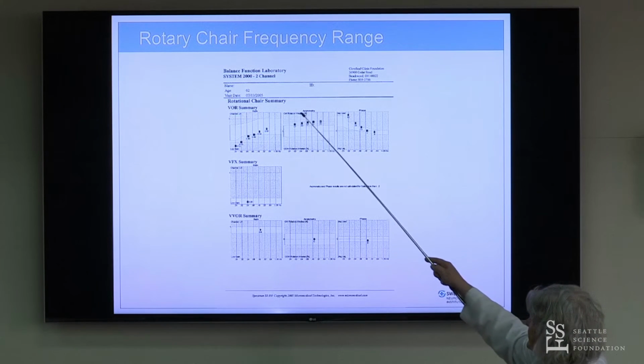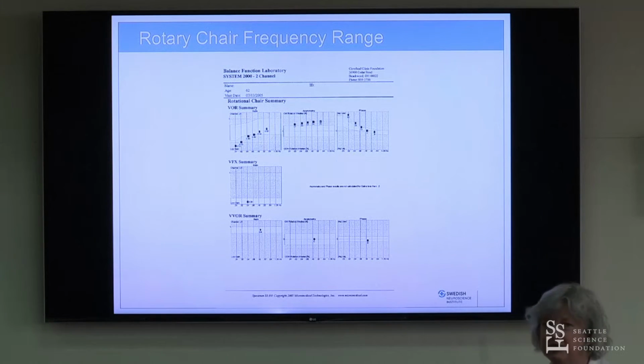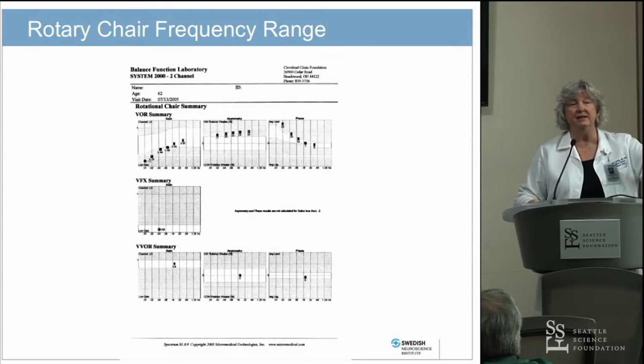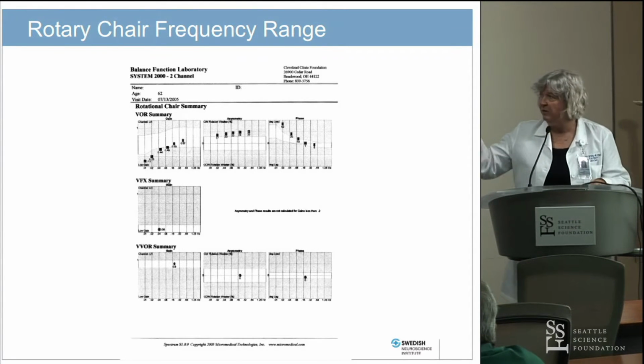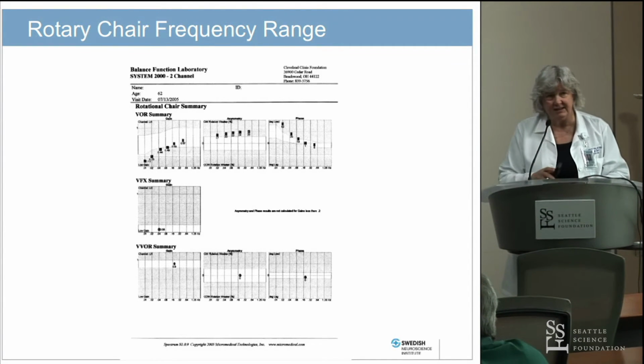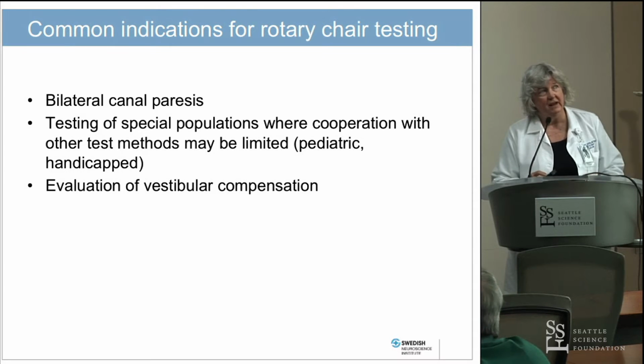It says clockwise rotation weaker compared to that to their left. So this might be a patient with an acute right unilateral weakness, or someone who has a chronic right weakness who isn't sufficiently compensated. Then we have to tie in the clinical history, but the rotary chair can tell us this, and no other part of the test easily can tell us the degree of compensation.